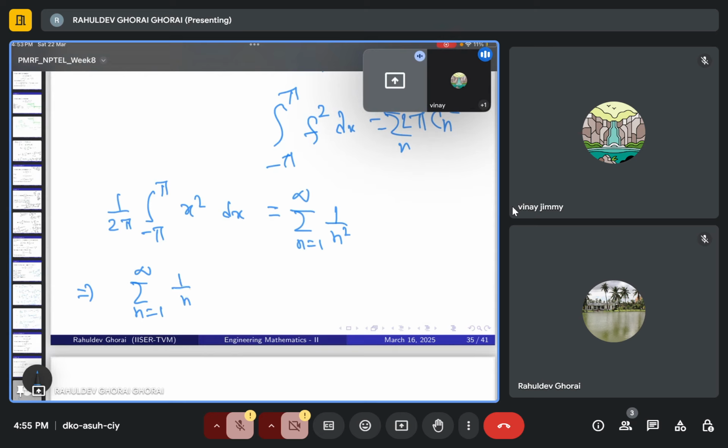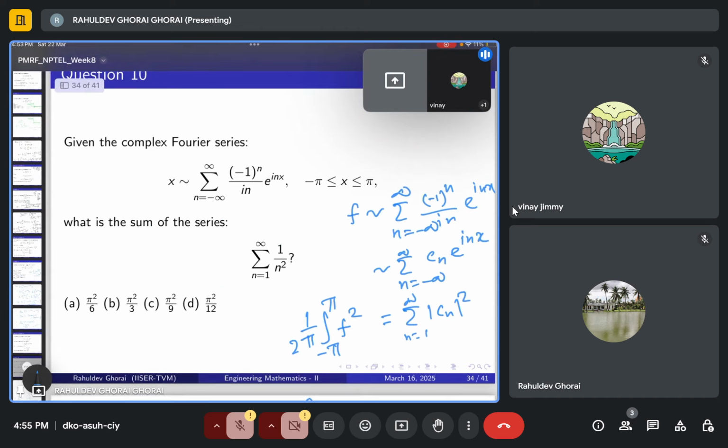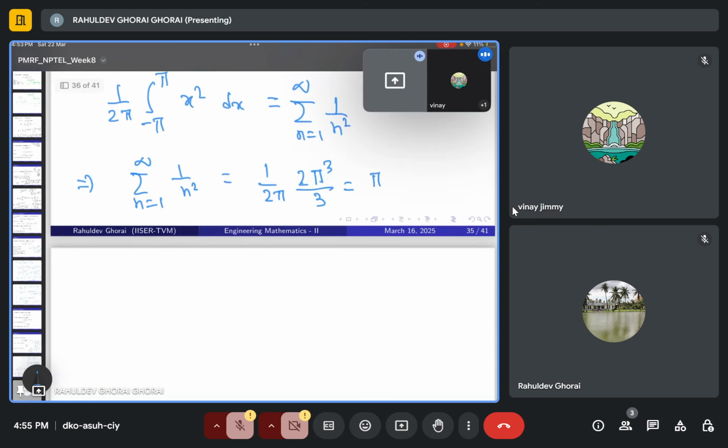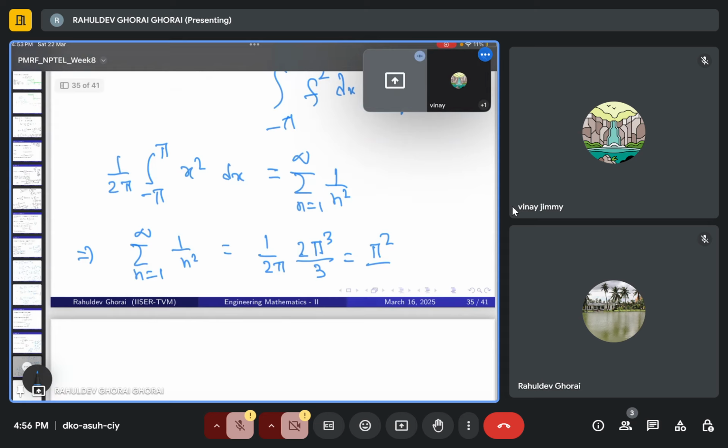Then it will be equal to 1 over 2 pi times x cube over 3, that will be pi cube over 3 plus pi cube over 3. So 2 pi cube over 3, 2 pi square over, sorry, it should be pi square over 4, right? No, pi square over 3. The sum of the series will be pi square over 3, right? I mean, I am getting this, I don't know.